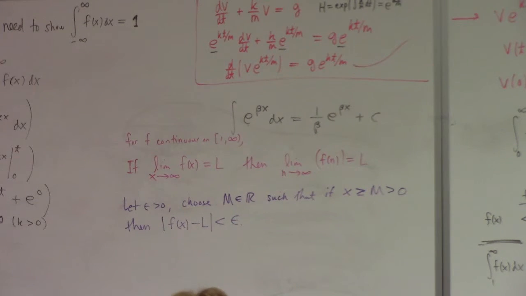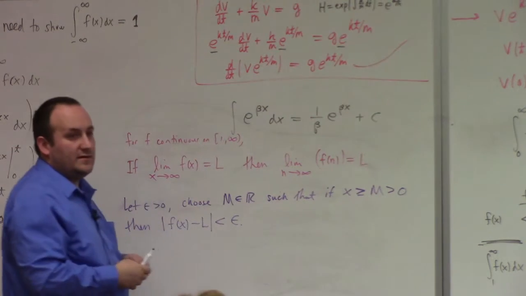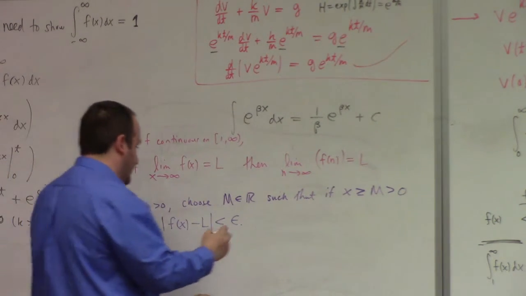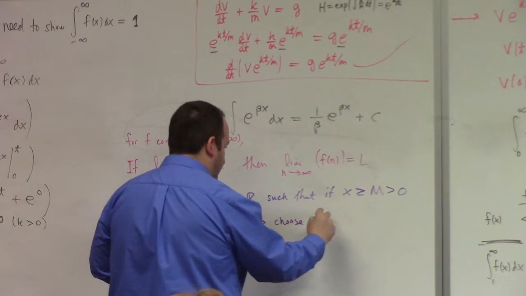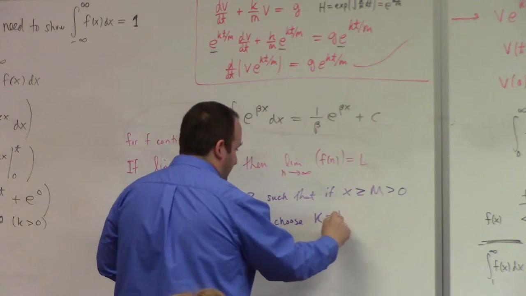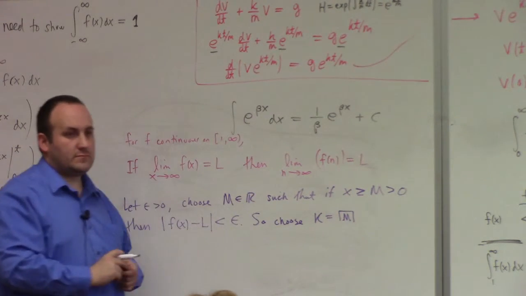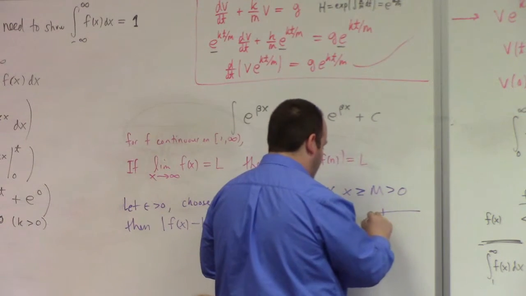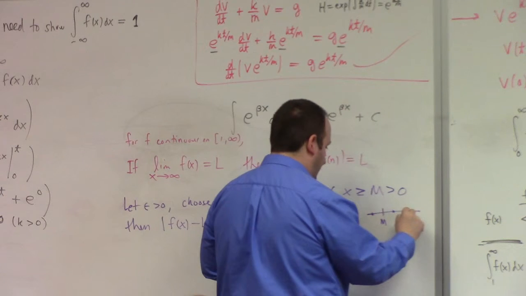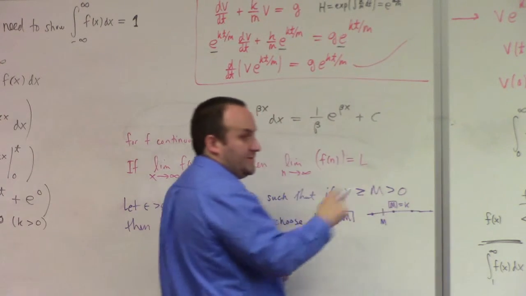What is required then to show the sequential limit exists? All you have to do is choose k equal to the ceiling of m. In other words, if I look at the number line, and here's m, and here are the integers, then this right here would be the ceiling of m. It's the next integer up the number line.